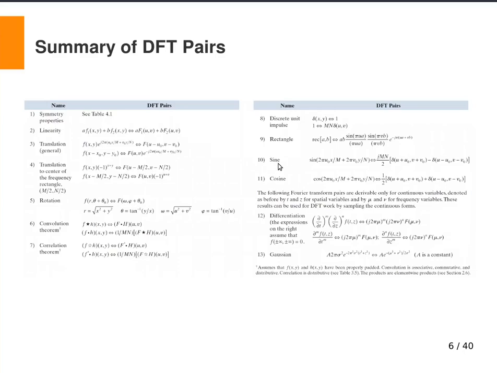We have the discrete Fourier transform of the sine function, which, if you remember, can be shown as a weighted summation of two complex exponential functions. So if we use that alternative representation, that basically translates to having the Fourier transform of a sine function as two individual impulse functions in the frequency domain.